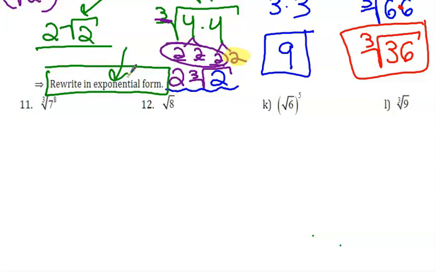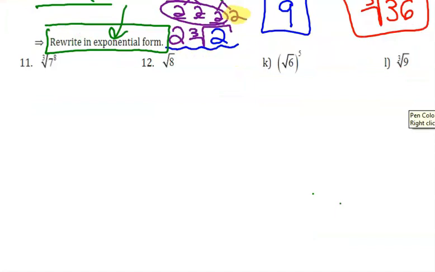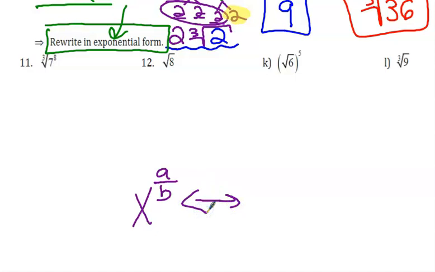Let's review on what we had before. What are the principles or properties of this idea? I'm going to go back to the beginning of my notes. If I had x to the a over b, that can translate to b root x to the a. So we have to look at where the a and the b are.